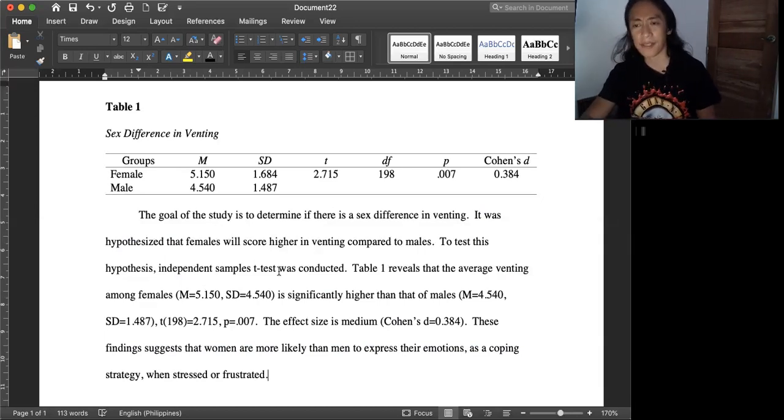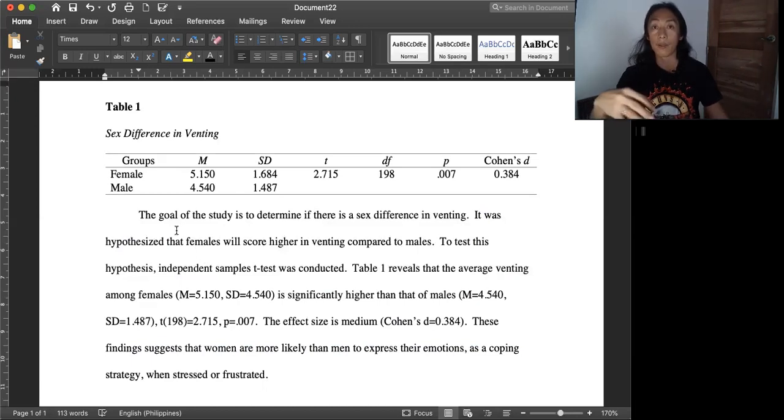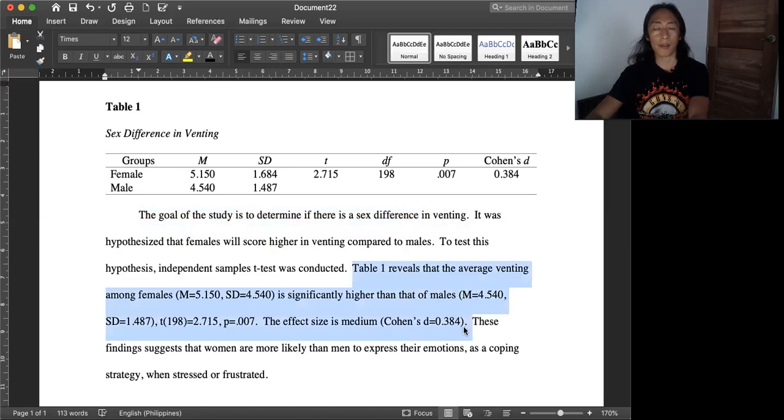So this is my suggestion for the write-up, and if you're my student, then these are the things that I would look for when you submit. Typically, I would begin by reminding the reader what the goal of my study is. In some publications they go straight to the part wherein they talk about the results.